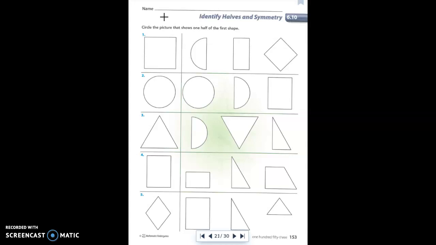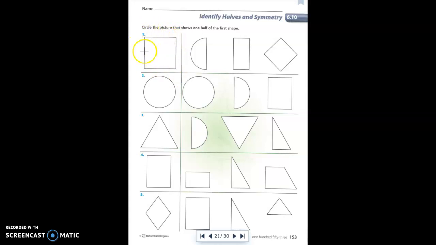Okay, so be sure to watch the fun video on symmetry, and let's practice this on a piece of paper. Okay, so it says circle the picture that shows one half of the first shape. So for number one, they've given us a square. I know from some of the videos I've watched, I can draw a line of symmetry either diagonally, or I can go vertically, or I could go horizontally.